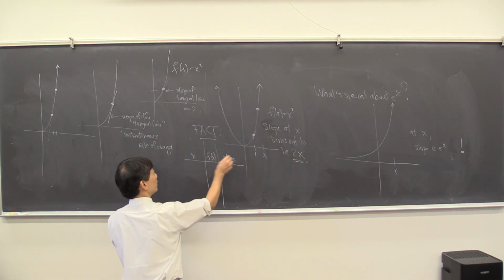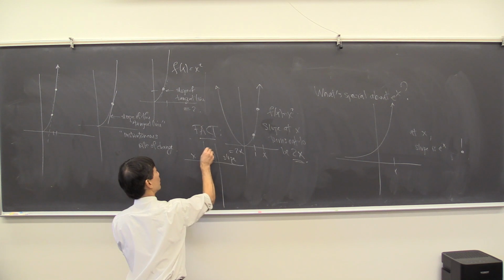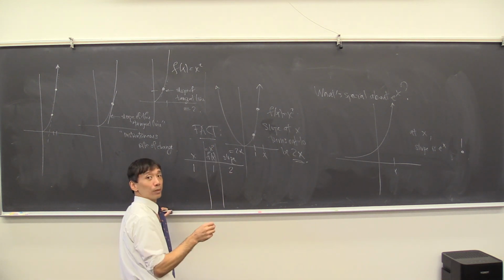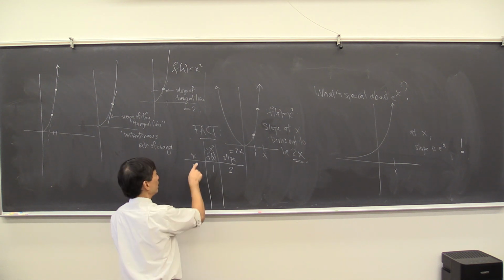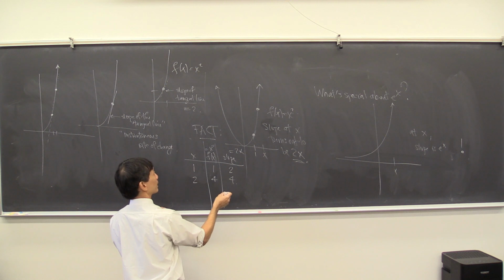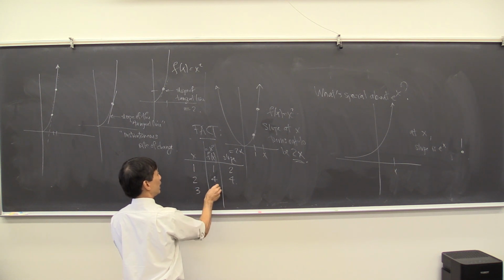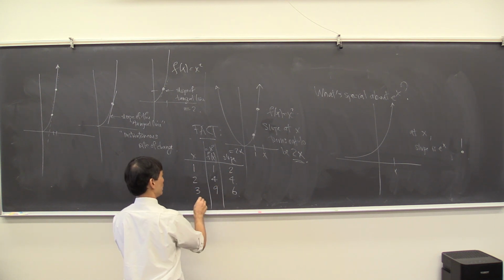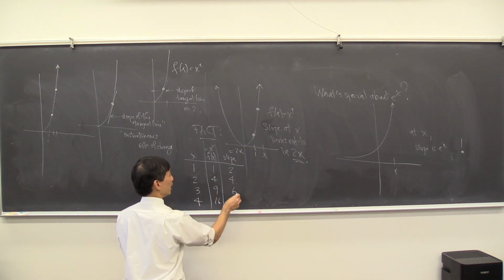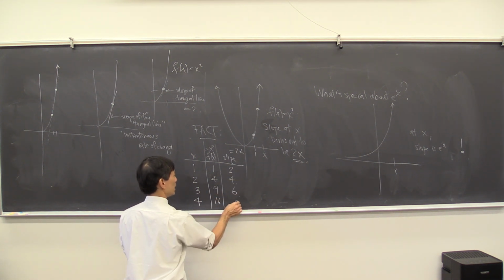At time 1, the value is 1 and the slope is 2. At time 2, the value is 4 and the slope is 4. At time 3, the value is 9, the slope is 6. At time 4, the value is 16 and the slope is 8.